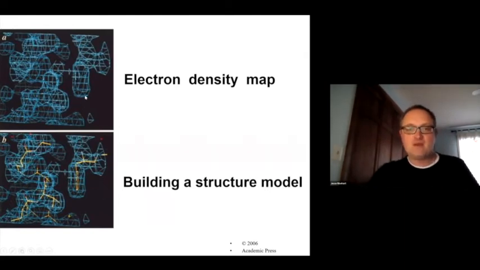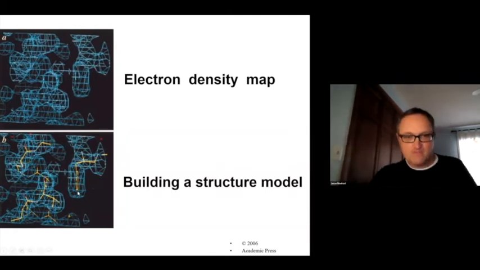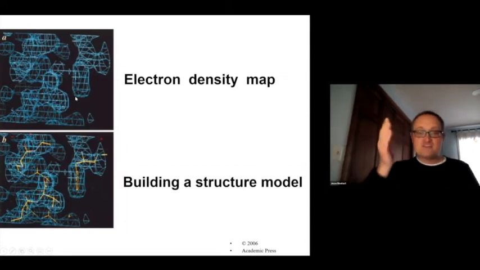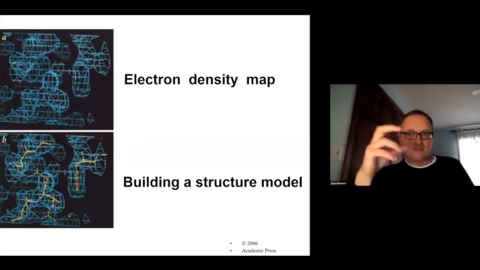Those map to, in this example, the positions of the R groups and the backbones of amino acids. So this is really key. You first make an electron density map, and that tells you this is where the molecule is positioned and how it's positioned in three-dimensional space.